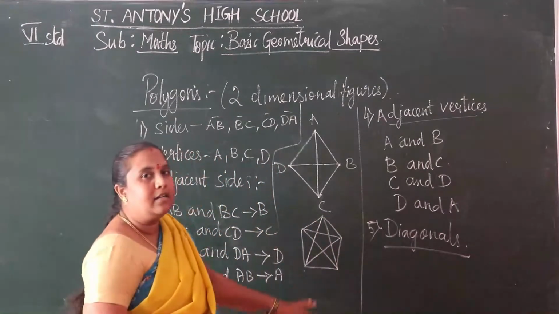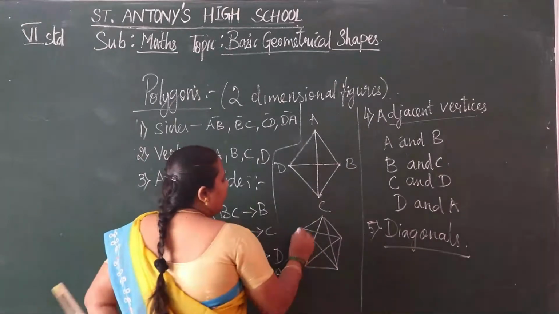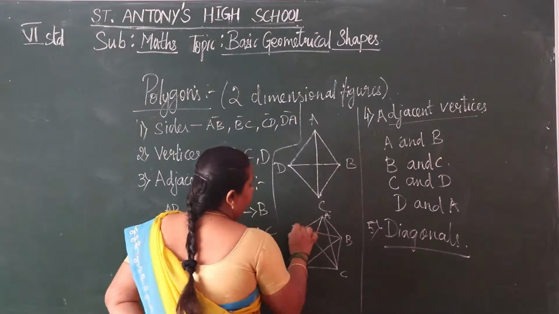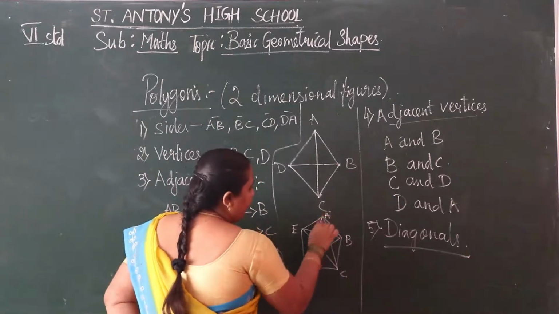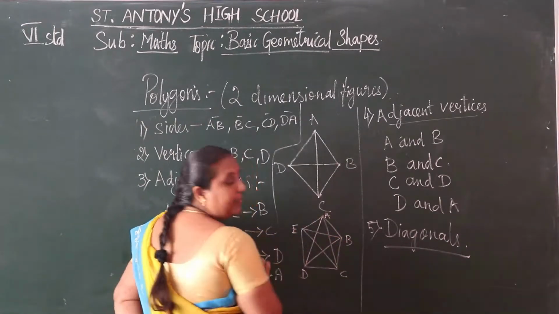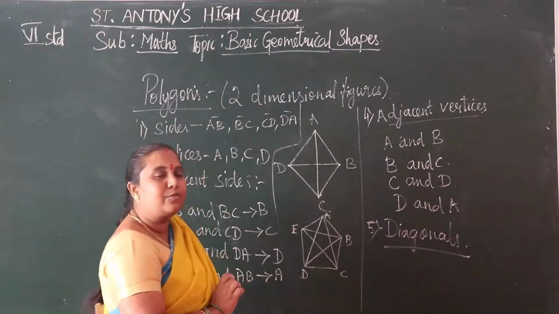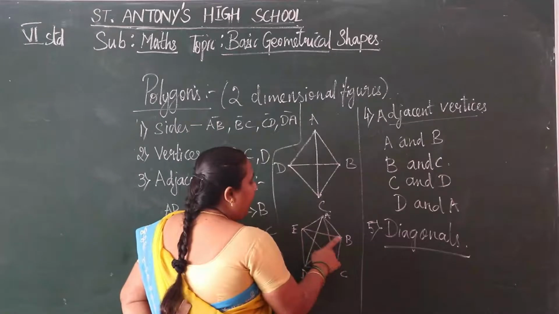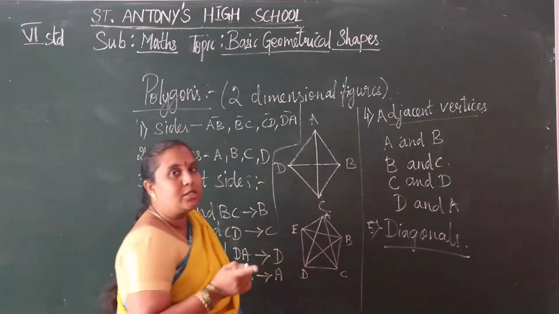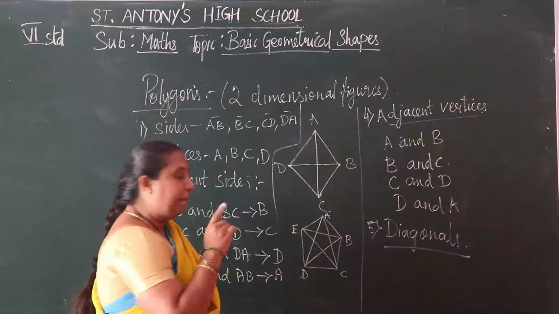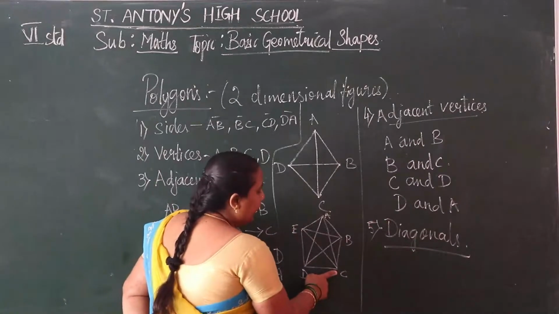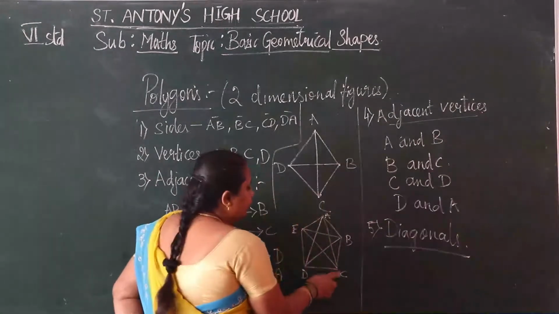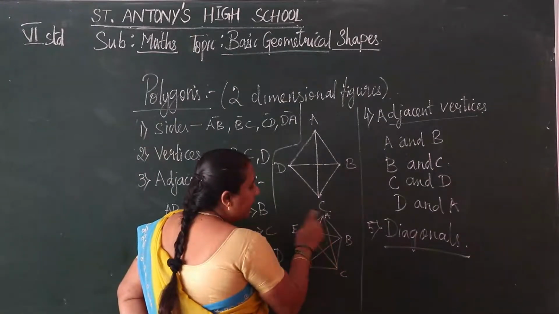So how many diagonals do we have here? See, A, B, C, D, E. AD and AC are the two diagonals from vertex A. BE and BD are the two diagonals we can draw from vertex B. From C we can draw two diagonals, CE and CA.